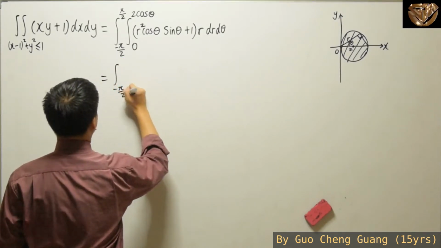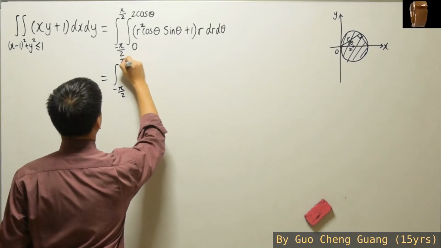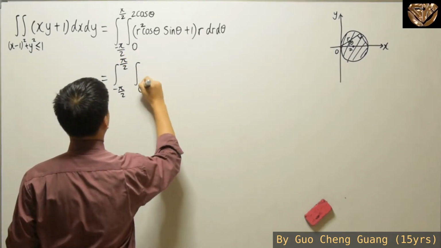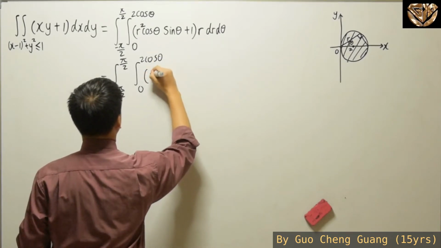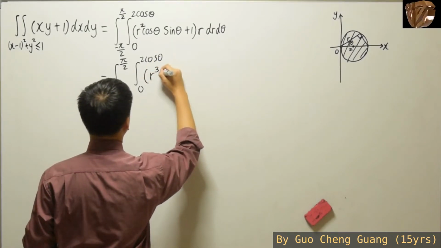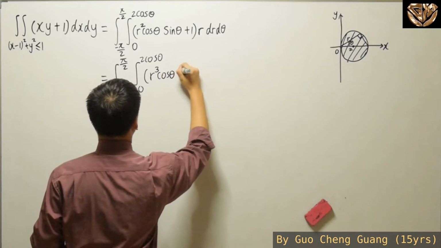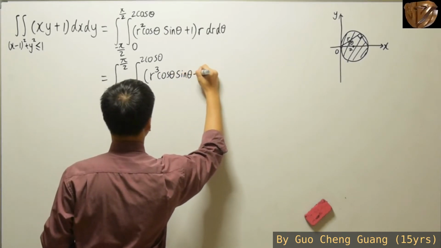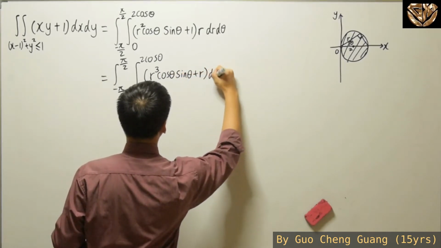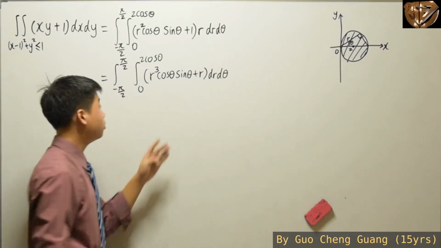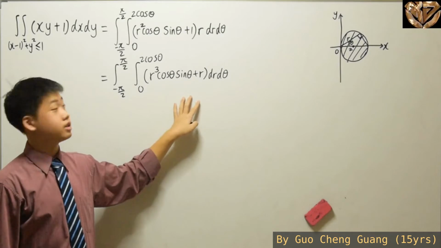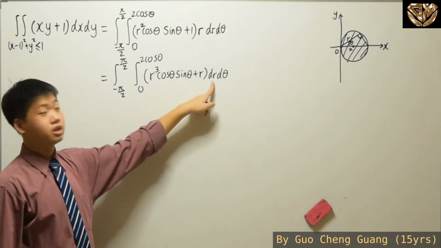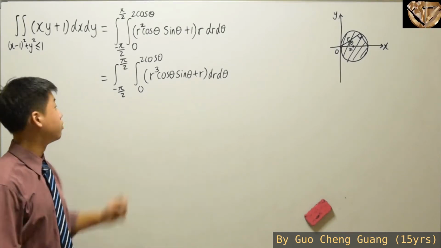Now we could put this r inside, and we'll see r cubed cosine theta sine theta plus r. For now, we take cosine theta and sine theta as constants when integrating with respect to r.